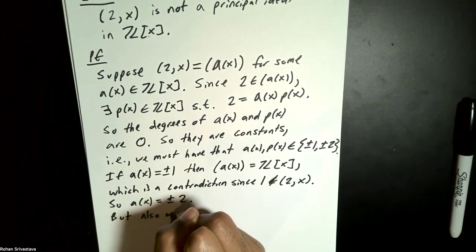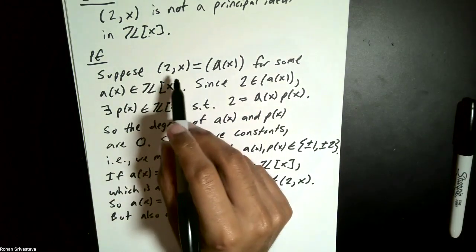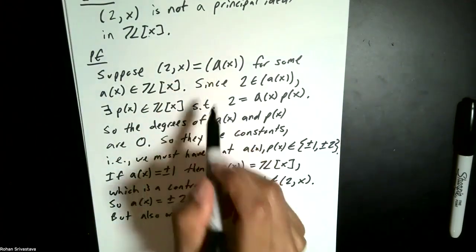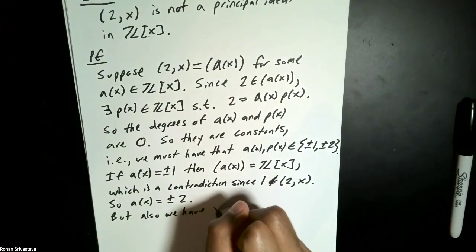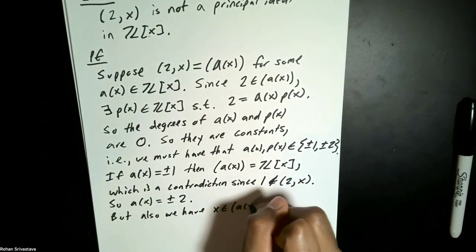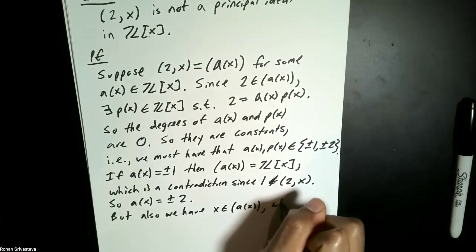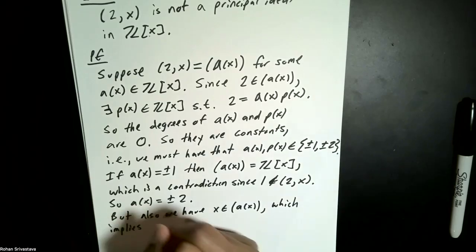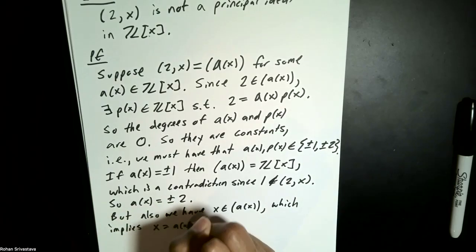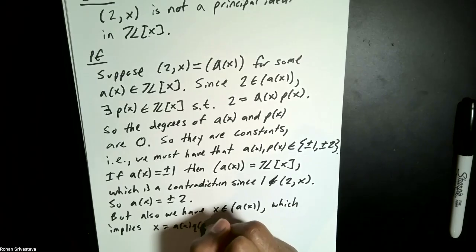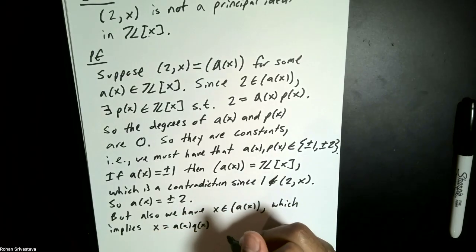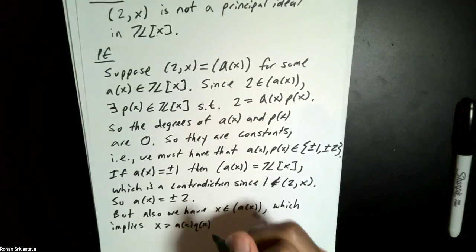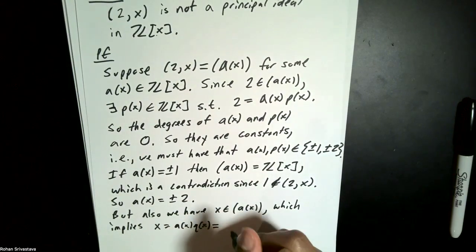But also, by what we suppose for contradiction, X is in the ideal generated by A of X, which implies that X is equal to A of X times some other polynomial Q of X, for some Q of X in Z adjoin X. Well, I'll rewrite this since we're saying A is plus or minus 2.